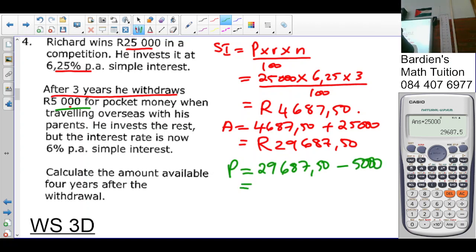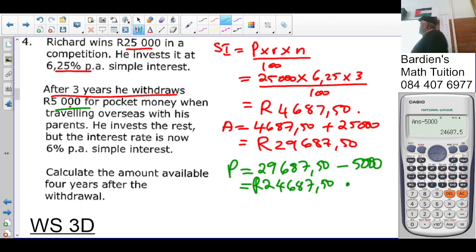That gives me 24,687 rand and 50 cents, not so? We invest the rest. What rest are they talking about? The new P value.